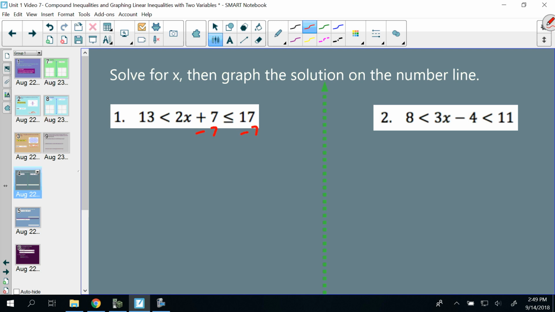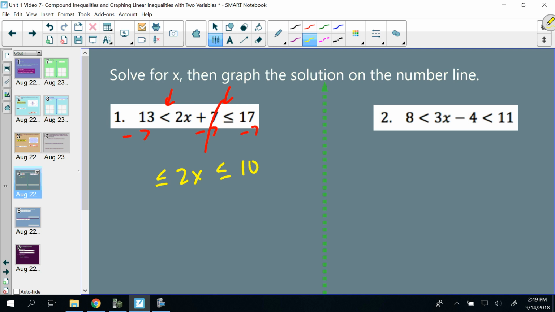Now usually when there's just one equation or inequality sign, we just have to do it once. But here, since we've got a second inequality sign, you also have to subtract 7 from that side. So now the 7 in the middle's gone. We would just have 2x remaining in the middle. Signs don't change when you add or subtract. And now subtract 7 from both.